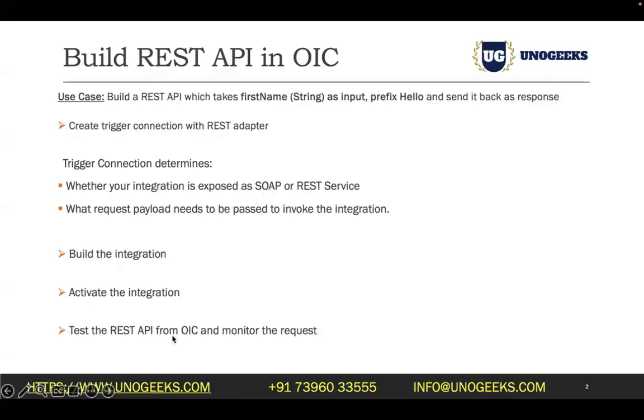And then you have to test the integration from within the OIC instance and from outside of the OIC instance as well. So there are around 6 to 7 steps that you have to perform whenever you create an integration in OIC. I want you to focus on those 6 or 7 steps and get used to that integration development workflow since we are starting off with a simple use case.